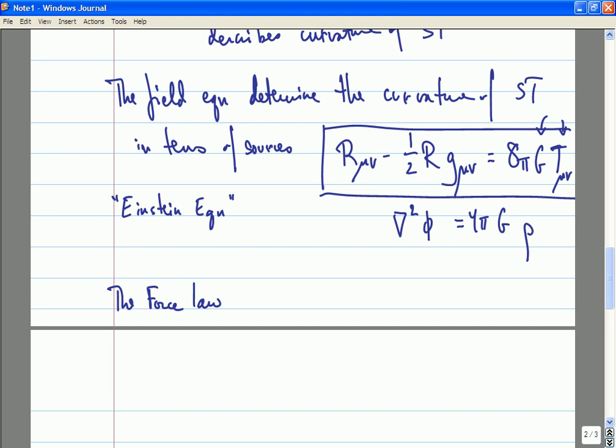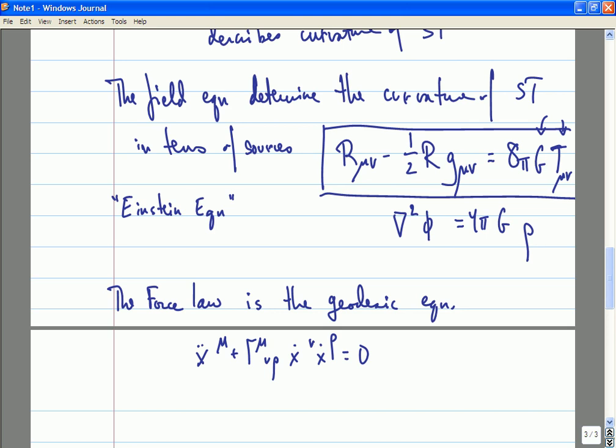So the force law is what is known as the geodesic equation. Let me again write it down for you. Again, I don't expect you to understand all of the symbols that I have written down. I'm just writing it down to whet your appetites.